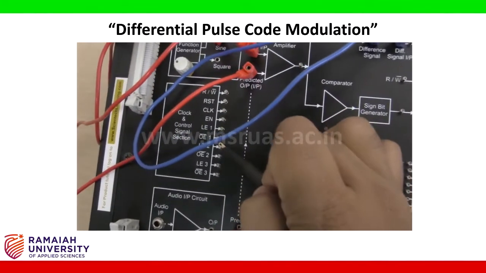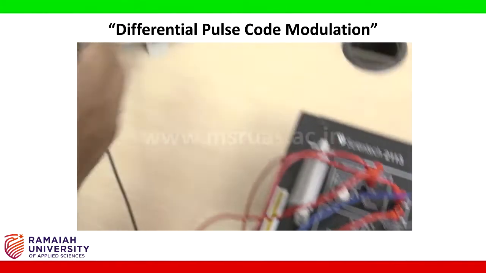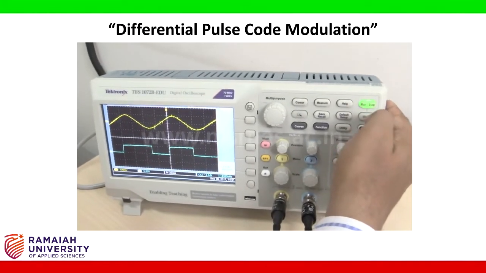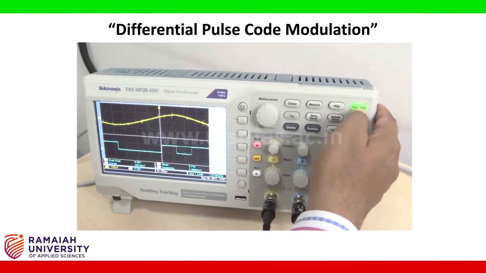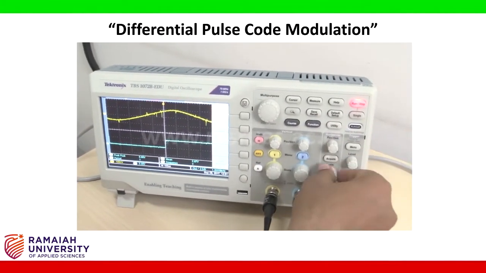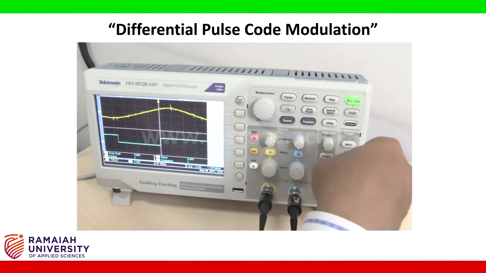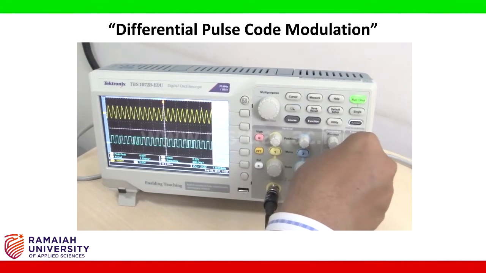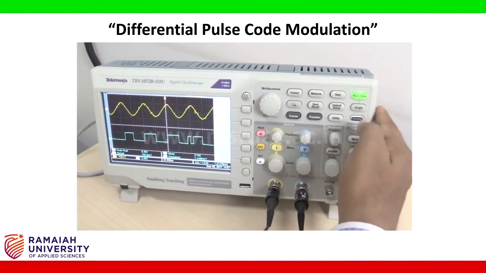OE, it is inverted OE 1, and again you press the auto set and run and stop button. So if I change the scale now, you are able to see the pattern of pulses.